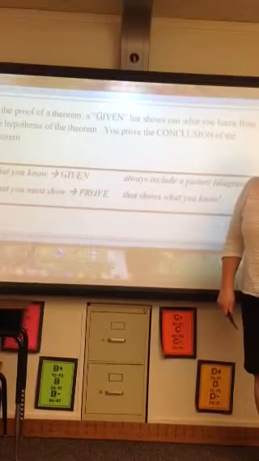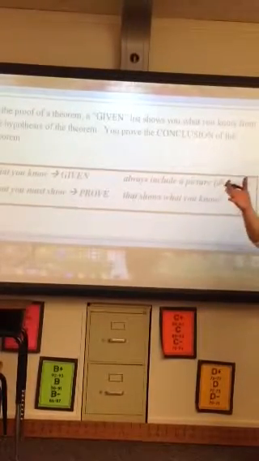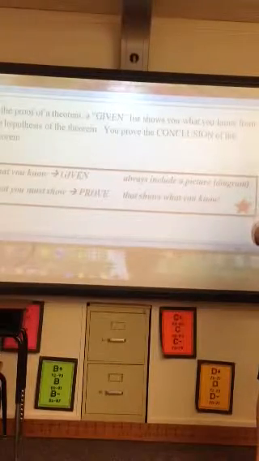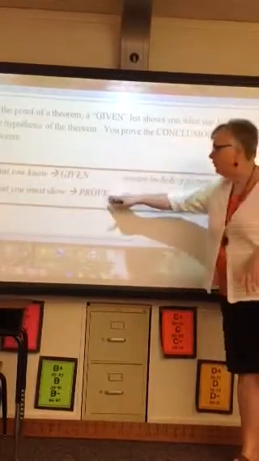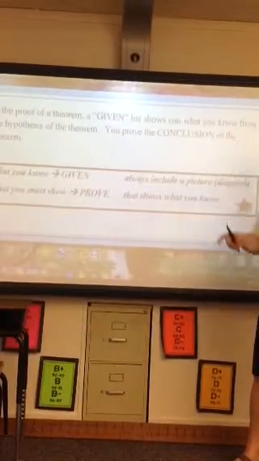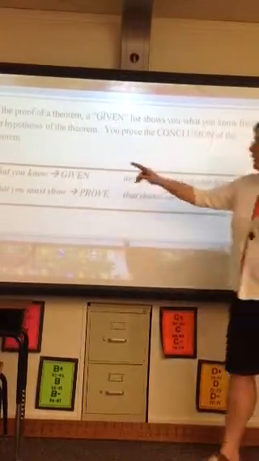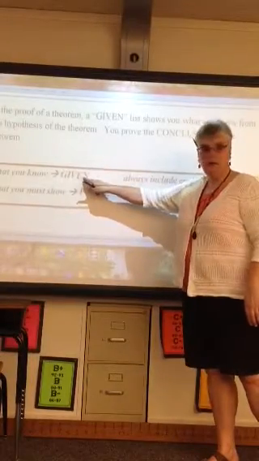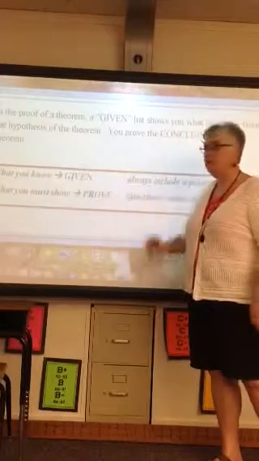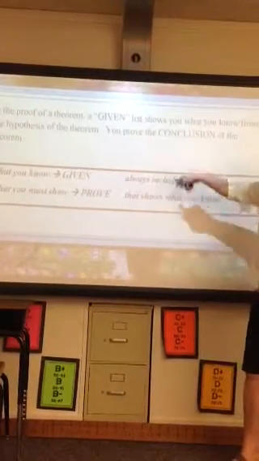So when we do a two-column proof, there's lots of points available. The first thing you'll give me is the given and prove in the picture. There's 3 points right off the bat. Then we'll have a list of statements, and you'll have a list of reasons. Now, given can be a reason. Prove cannot be a reason. And we'll practice this as we go along. All right, so copy this down.